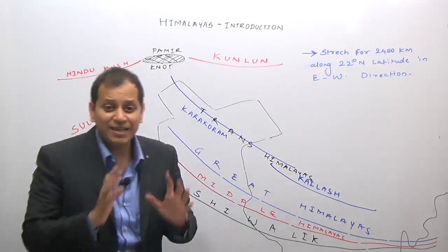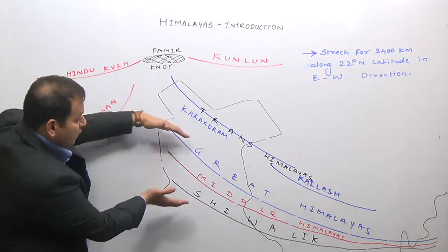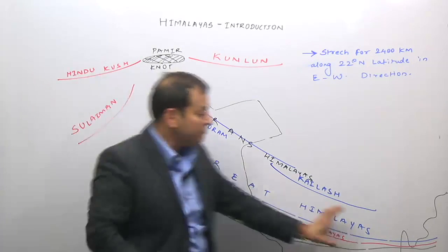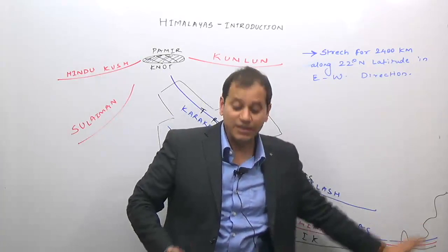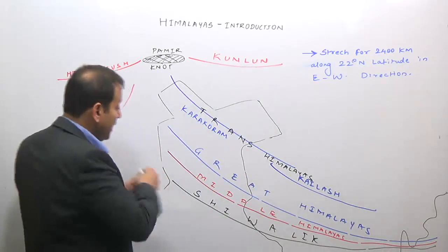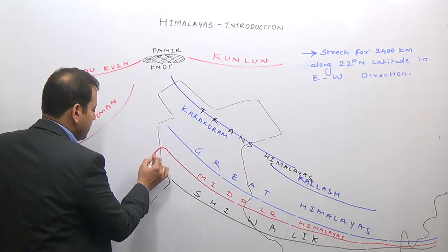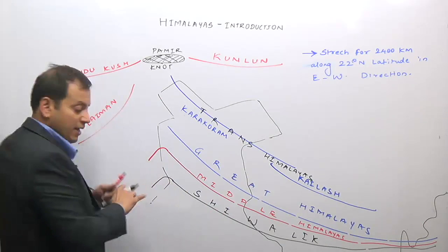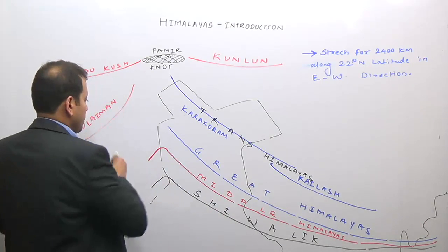Now you can see from the diagram itself, the width of the Himalayas is greater in the western part, while the width is lesser in the eastern part. Then also we can see the Himalayas take a sudden hairpin bend and go downwards here.